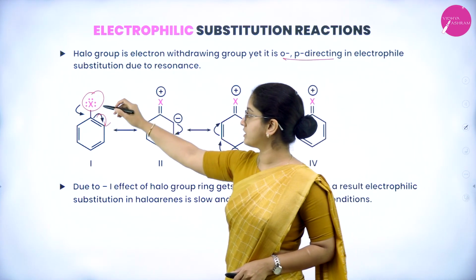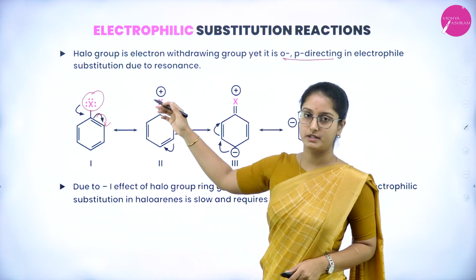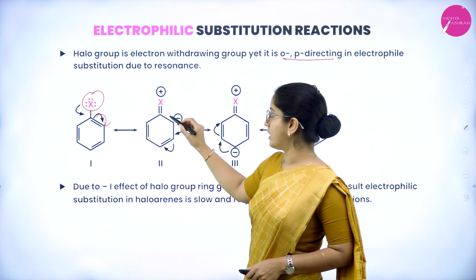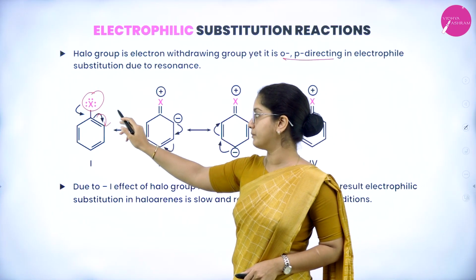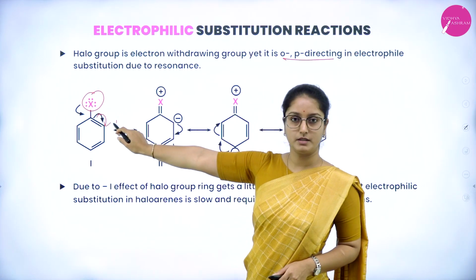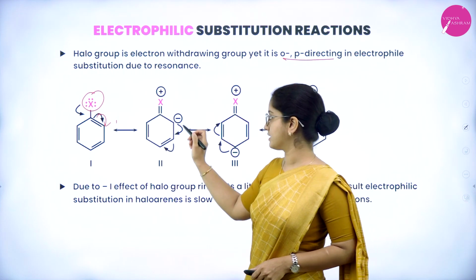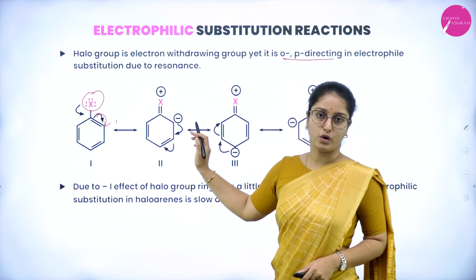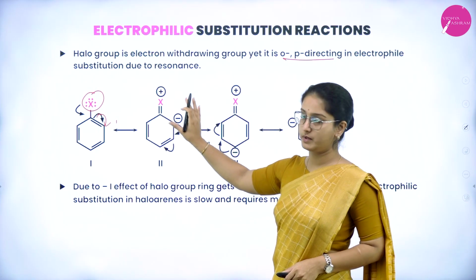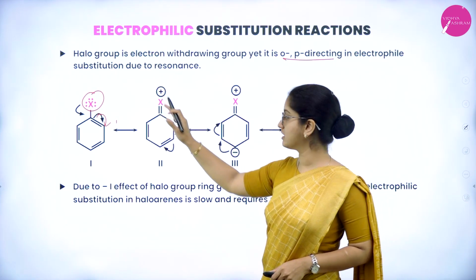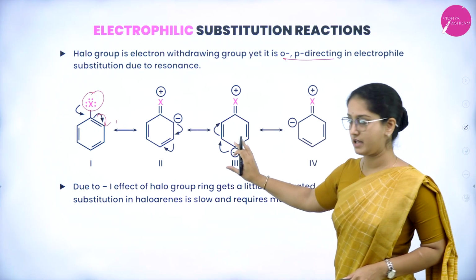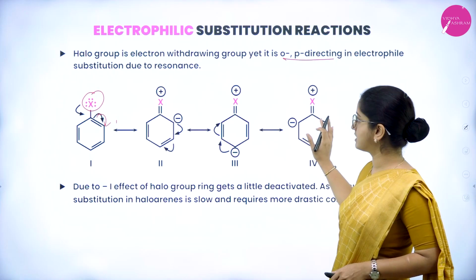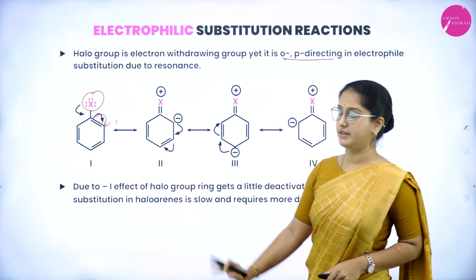The halogen atom possesses a positive charge because it has given electrons towards the benzene ring, and the atom which has received them possesses a negative charge. This negative charge is in the ortho position, and it can be in the para position as well. This is due to the resonance effect.